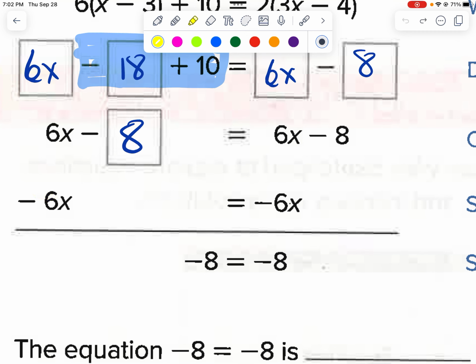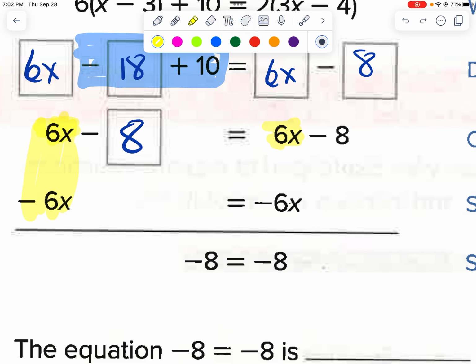I have a variable here, I have a variable here. I want to get rid of the variables. If I do that, look at this. These eliminate and these eliminate. They go bye-bye. I'm left with negative 8 equals negative 8.